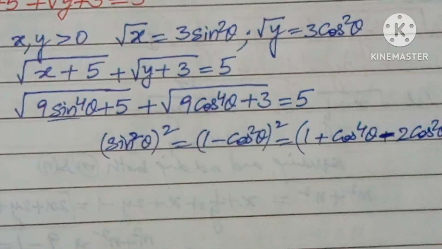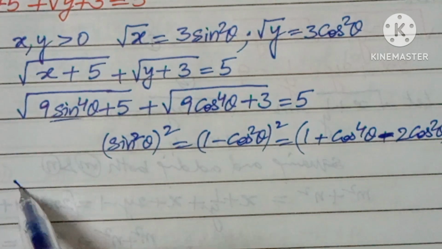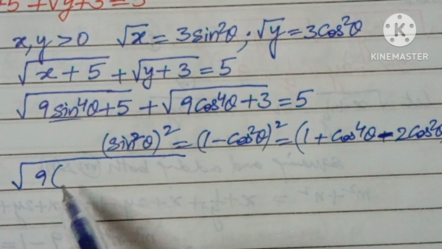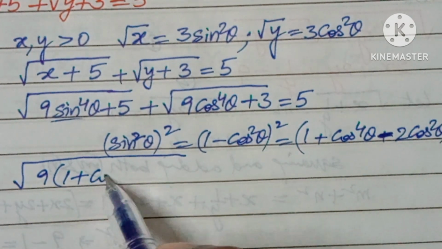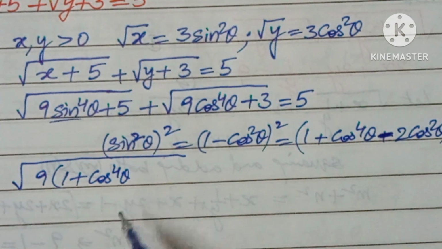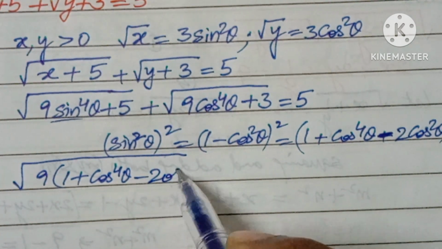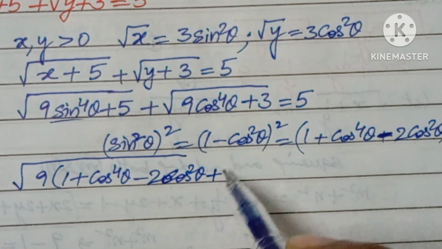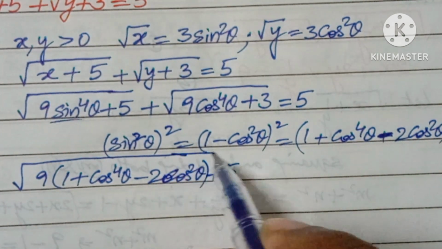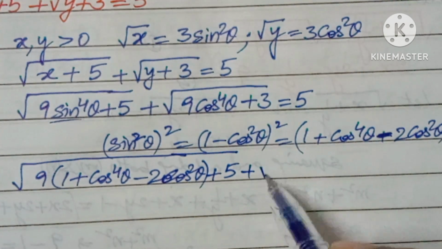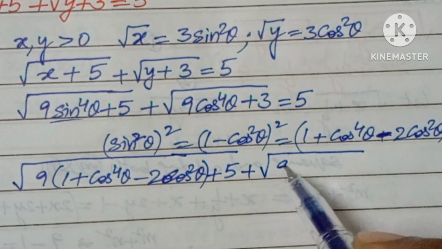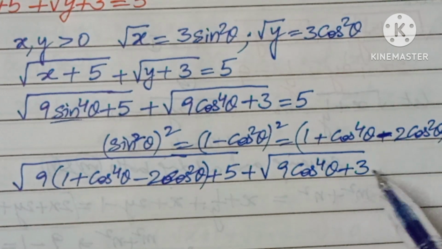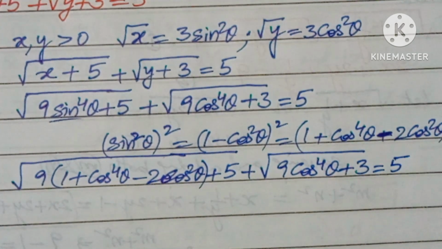I am going to replace here square root of 9 into 1 plus cos power 4 theta minus 2 cos square theta, plus 5, plus square root of 9 cos to the power of 4 theta plus 3, is equal to 5.